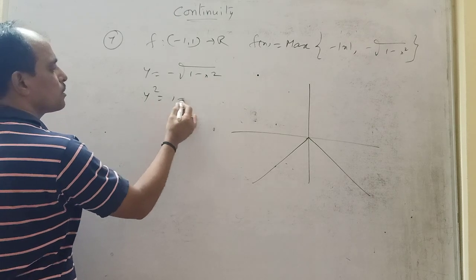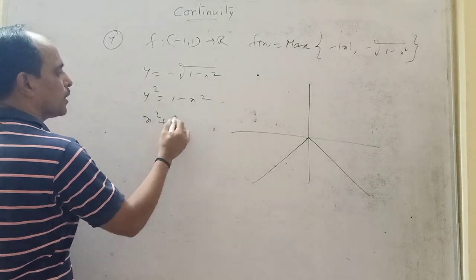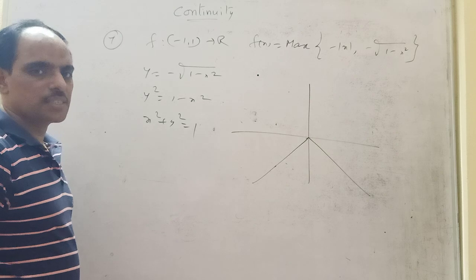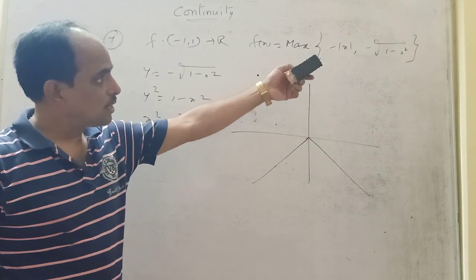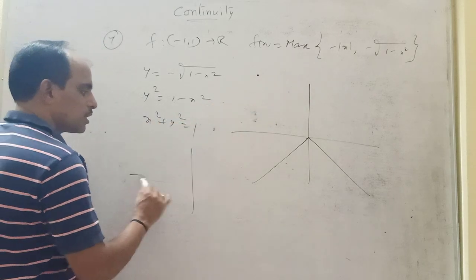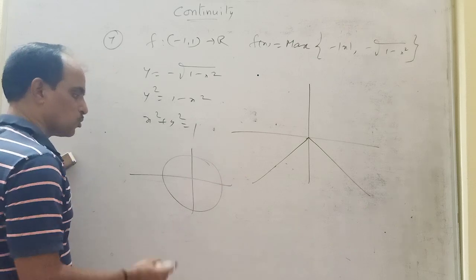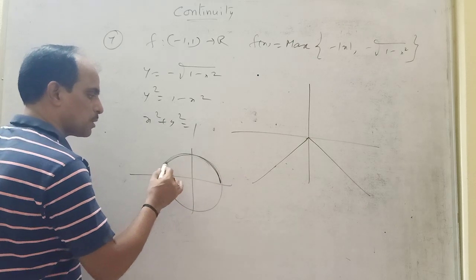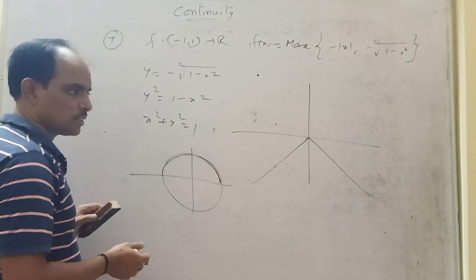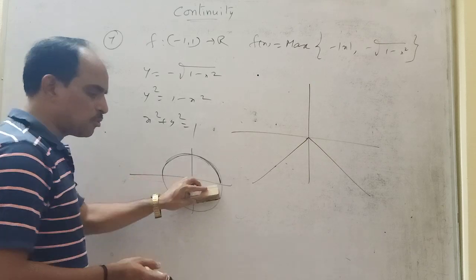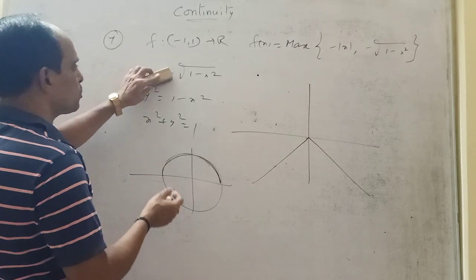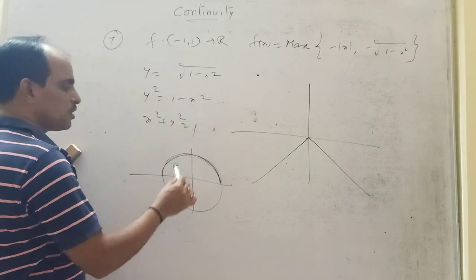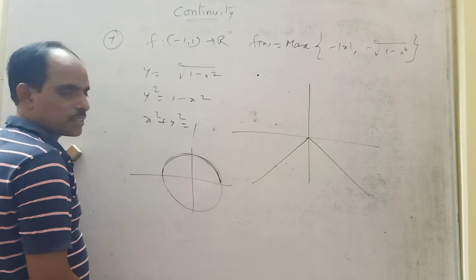So y square is equal to 1 minus x square. x square plus y square is equal to 1. It is a circle. Then how to draw? You don't draw the graph like this. So this is the upper part. Upper part means the positive part of y, and this will be the negative part of y. So suppose the question is y is equal to root of 1 minus x square. You have to draw the graph like this.